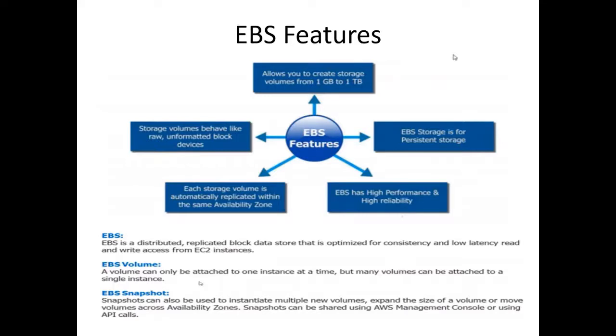In short, we can have multiple EBS volumes attached to a single instance at a time, but one volume cannot be attached to multiple instances. An EBS snapshot can also be used for the initial creation of new volumes. The snapshot can be replicated into multiple new volumes.